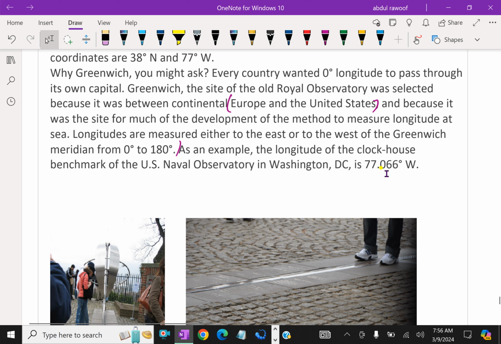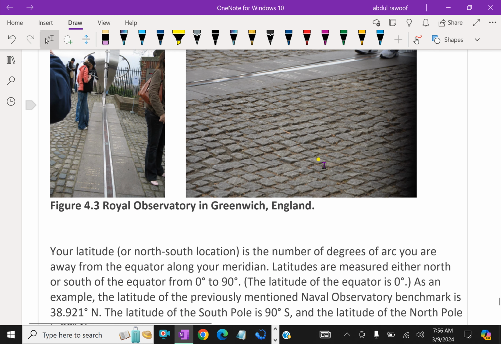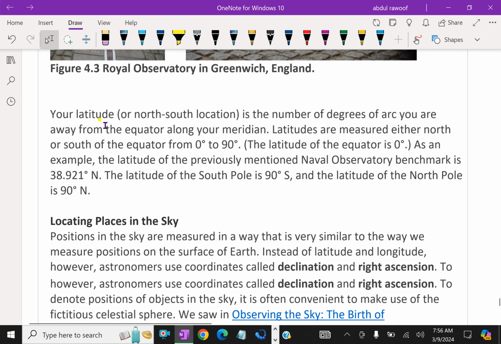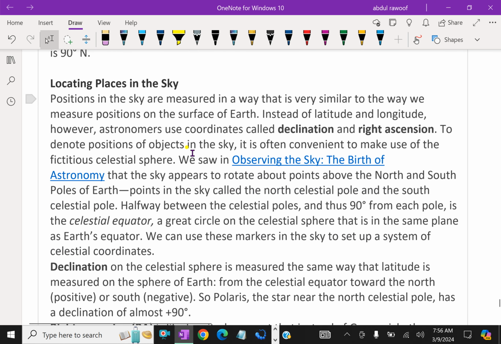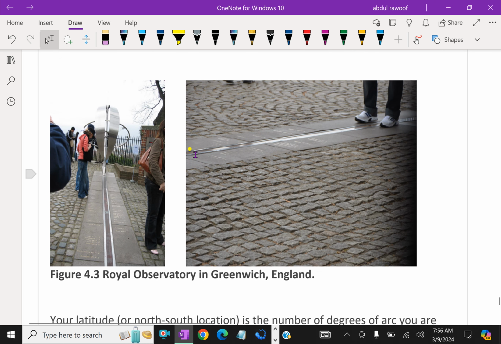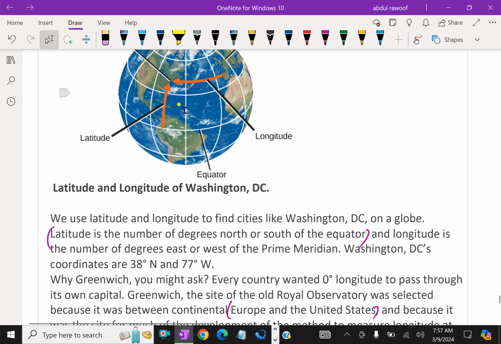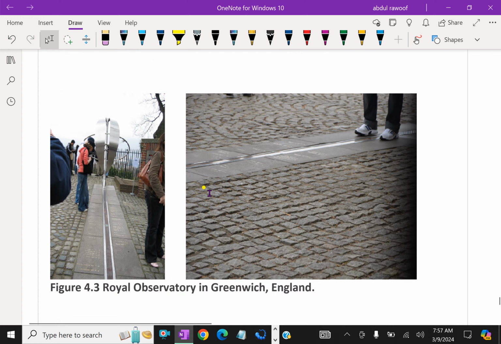This is a longitude measurement. Here is the Royal Observatory in Greenwich, England. Longitude and latitude are measured for particular places in terms of degrees.